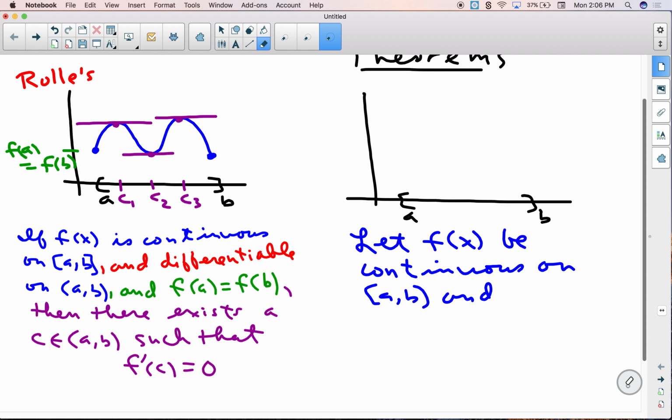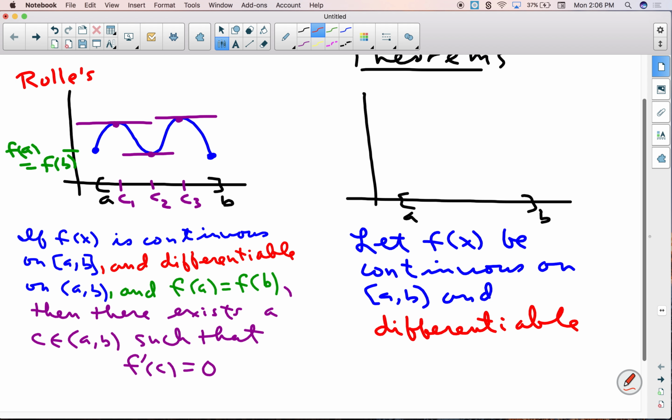So let f be continuous on a, b and differentiable on the open interval. Now the only difference here is that for the mean value theorem, we don't need f of a to equal f of b. In fact, I hope you're going to see how Rolle's theorem really is a special case of the mean value theorem. Those are the only conditions we want. We want continuity. We want differentiability. So let's create such a function.